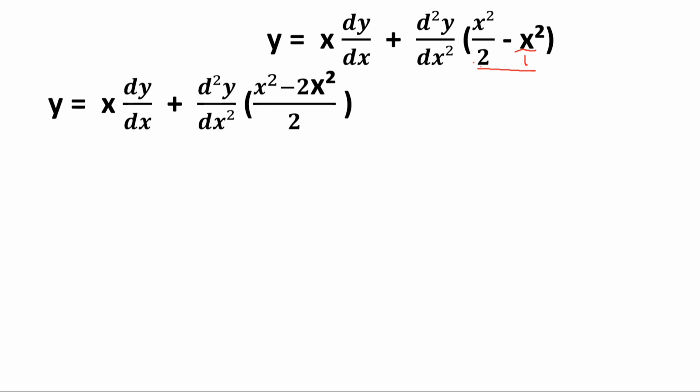So 2 divided by this 2 will give me 1. So 1 times x square will still give me x square. So you can see it here now. Minus this, minus that is there.